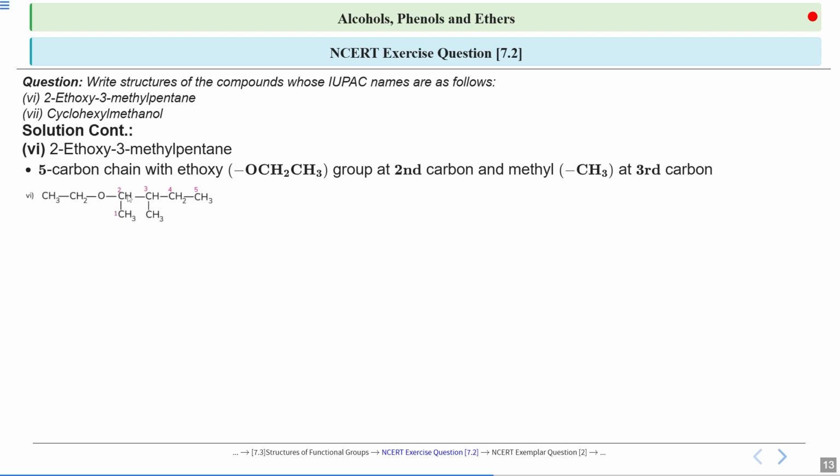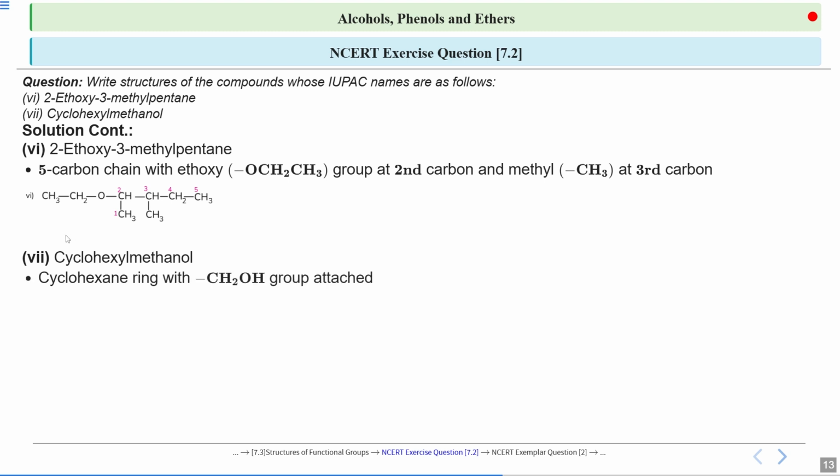So we draw the pentane first of all, and then at the second carbon we attach the ethoxy substituent and at the third carbon the methyl substituent, and you will get the structure of 2-ethoxy-3-methylpentane.